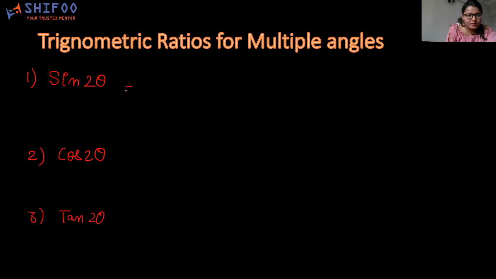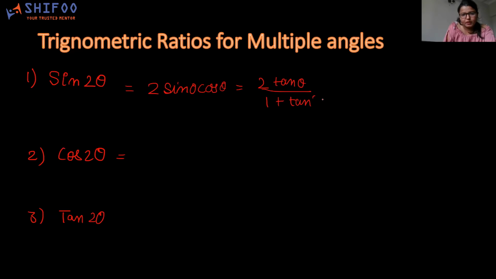So if you consider these, the first one can be written as 2 sine theta cos theta. It can be written in the form of tan theta as well, 2 tan theta upon 1 plus tan square theta. These are the two formulas.